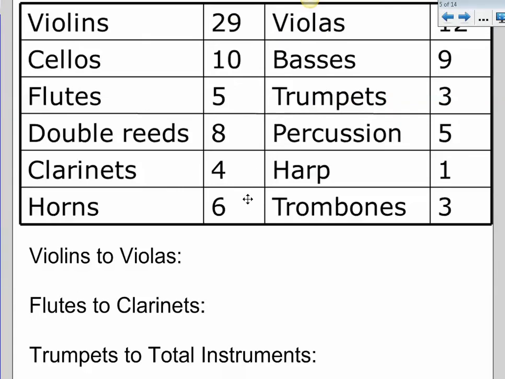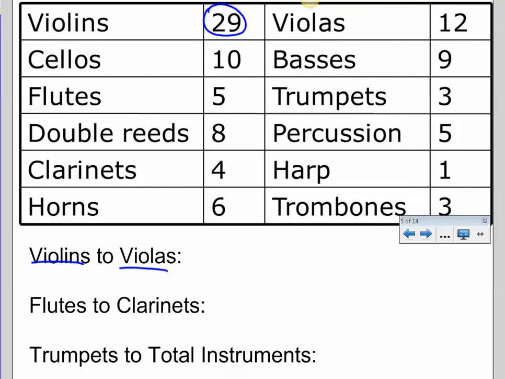Now, let's practice a little bit more about how to write a ratio to have it make more sense to you. You have this chart on your notes packet right now, you'll notice. It has how many people play different kinds of instruments. So what we need to do is write certain ratios of how many people play which instrument. If I want to know the number of violins to violas, I need to look at my chart and figure out, well, how many people play violin? 29.